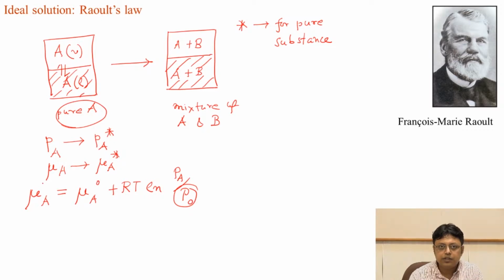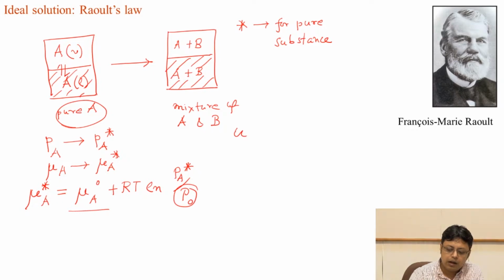Since initially the liquid is in pure form, we'll use a star notation here. Note that mu A0 star is meaningless, because mu A0 corresponds to the chemical potential of the substance at 1 bar of pressure, which is the standard state. So we are not writing mu A0 star; it is equivalent to mu A0.